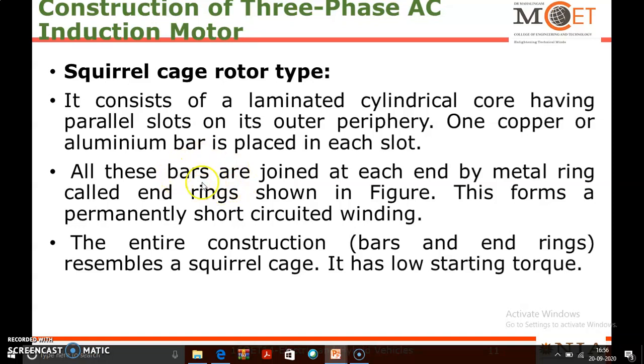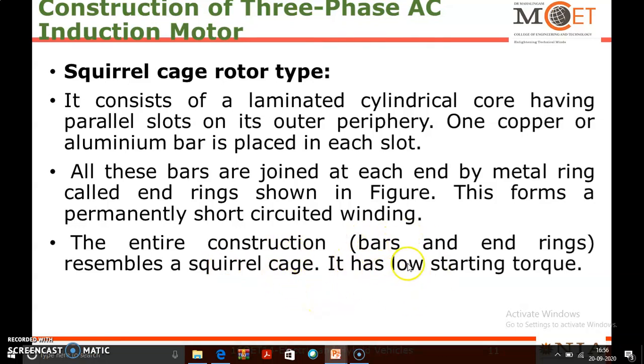All these copper or aluminum bars are joined at each end by a metal ring called an end ring, which will be shown in the figure. This forms a permanently short-circuited winding. The entire construction, that is, the bars and the end rings, resembles a squirrel cage.